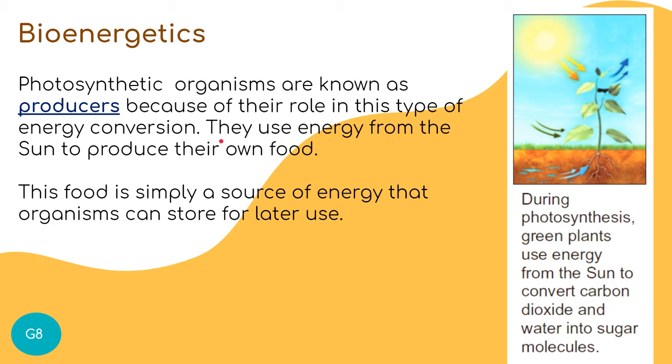They are a very important part of the ecosystem because they convert this unavailable solar energy into something that we can consume, food, in their bodies. They use the energy from the sun to produce their own food, and in the same way, when they're eaten, we get that energy. This food is simply a source of energy that organisms can store for later use.